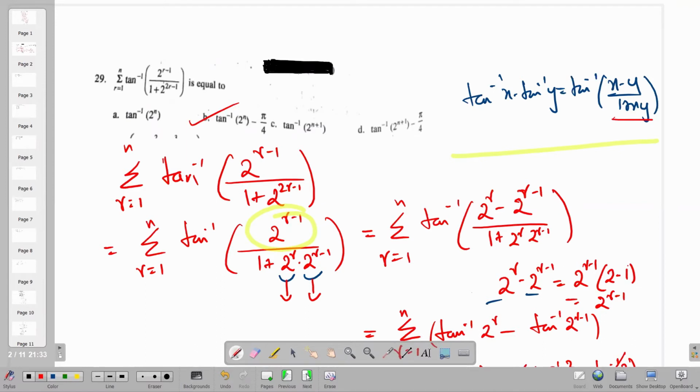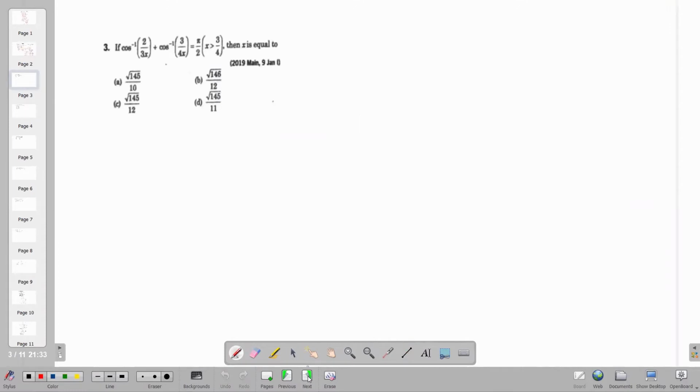Now the next type is, you have to find the value of x here. In this case, we just solve it.